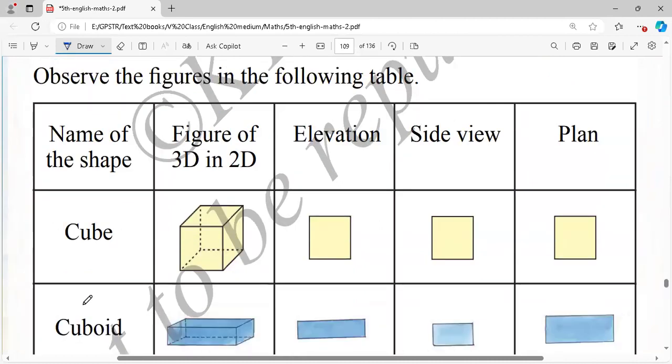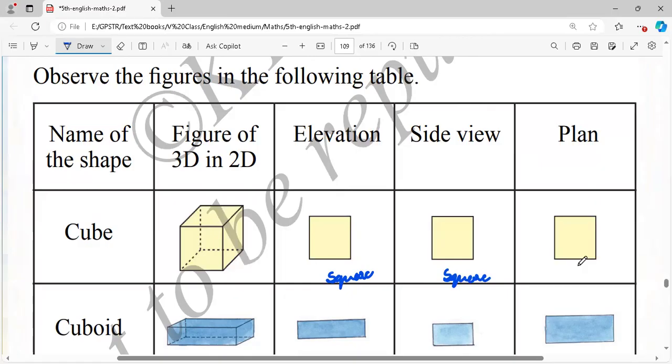Cube: elevation or front view, looking like a square. Side view: if we see the cube from the left or right side, it looks like a square.